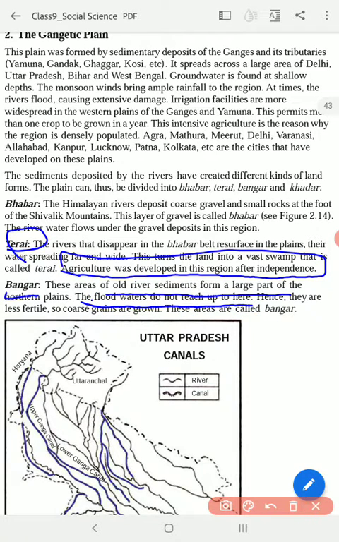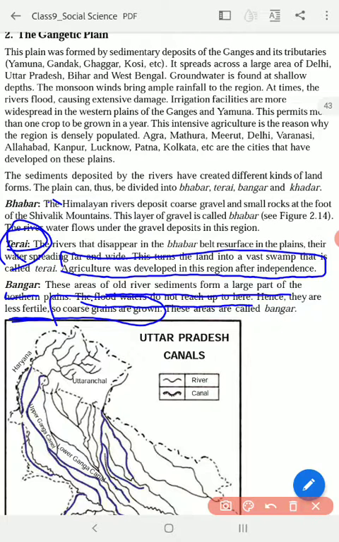As the river passes through, it forms these different landforms. This is the largest landform, Terai. As the water comes to the areas around West Bengal, it brings all the small stones, gravels and grains. This makes the land less fertile.